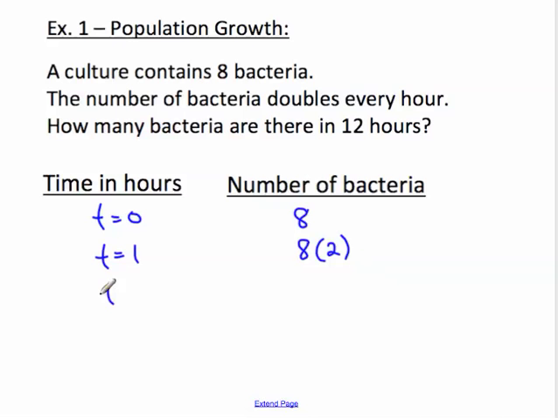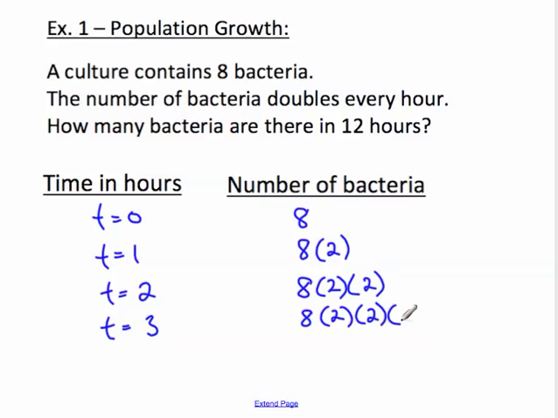After another hour, so after 2 hours, you have this amount, 8 times 2 bacteria, doubled again. So again, we multiply by 2. After 3 hours, we would take this amount that we had at the beginning of the hour and double it again. So now you have 8 times 2 times 2 times 2, 3 2's. If we use exponential notation for these, we could write this as 8 times 2 to the power of 3.